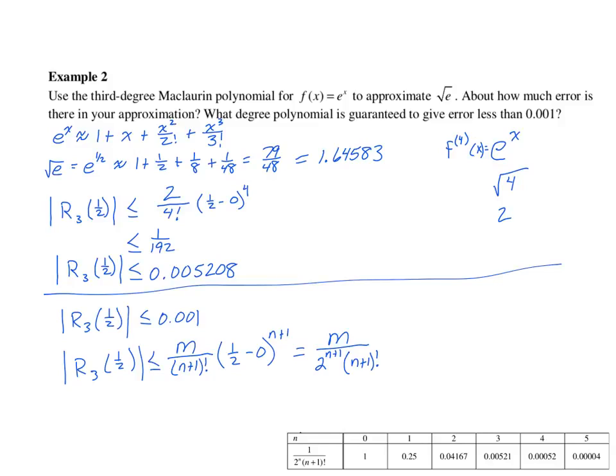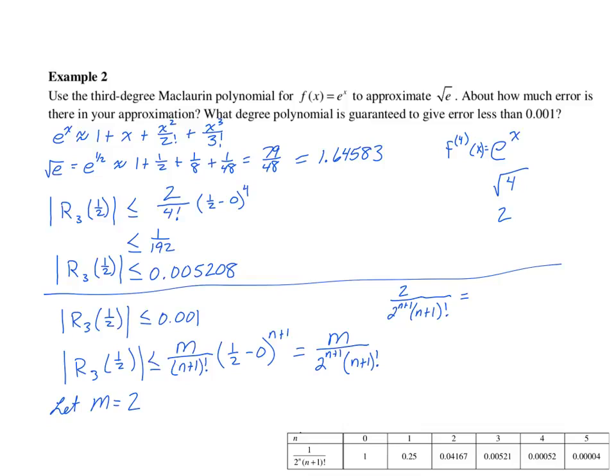Now, what we're going to do is let M equal 2. If we do that, that gives us 2 over 2 raised to the n plus 1 times n plus 1 factorial, which we can reduce.